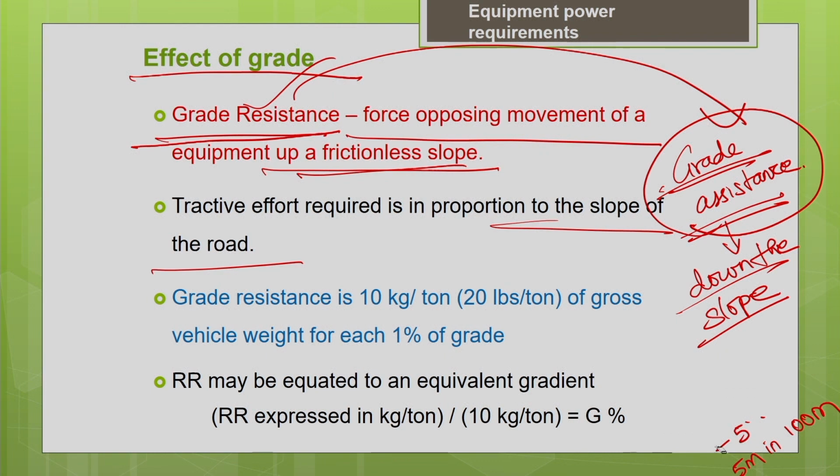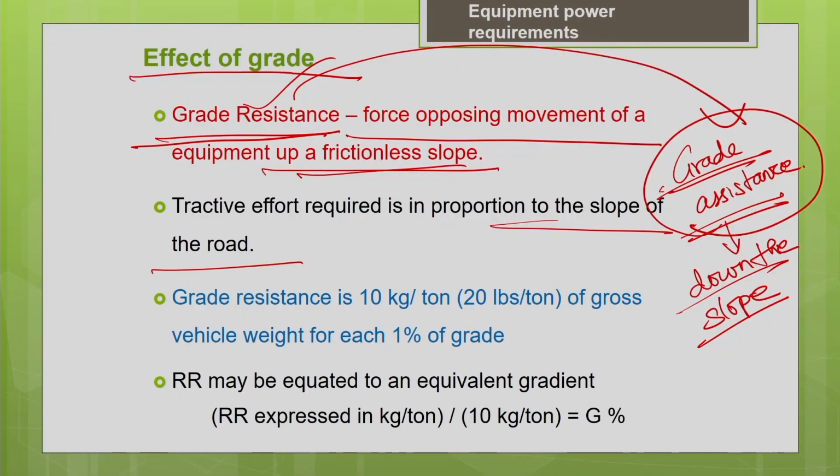So basically, the greater the percentage of your slope, the more tractive effort is needed. When you select your haul route, we have to be very careful in the selection. If there is an option to use the down slope, it is always preferable to use down slopes, because your power required gets reduced.